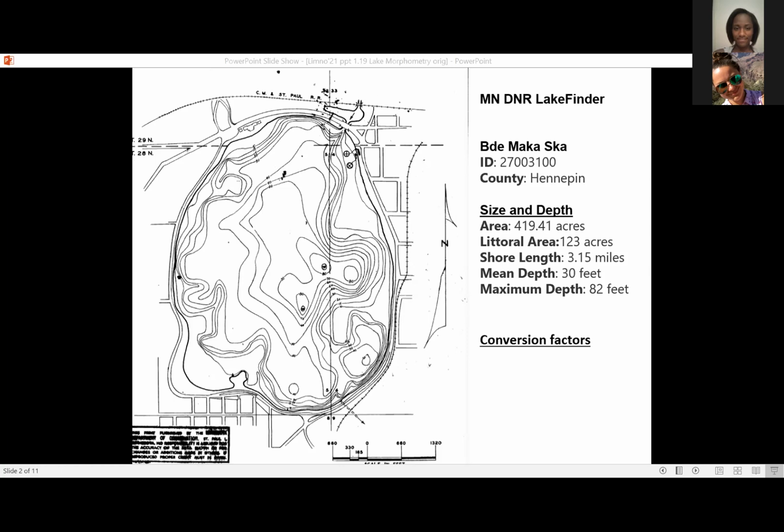It's important to remember the difference between length, area, and volume. Those are 3 really important words: length, area, and volume. Those are separate things.